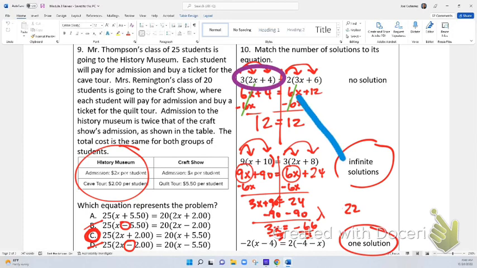This one we had one solution, which was the x equals negative 22, so that one should go there. And then the no solution should go to the very bottom one. There we go. That's what it should be.